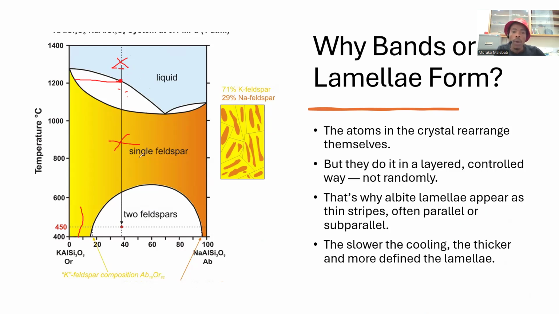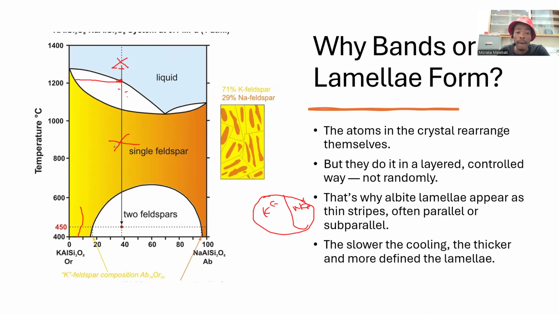When we are here, we have a single feldspar, with, for instance, potassium and sodium together. Because the temperatures are high, these things coexist and are stable. They like to associate with each other.